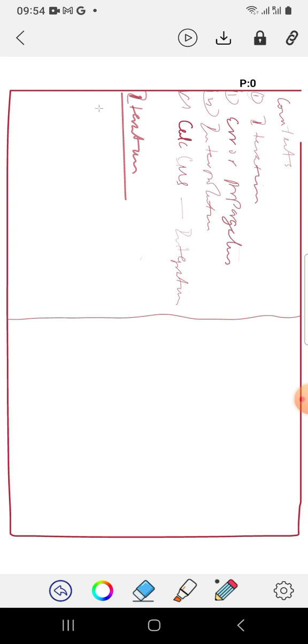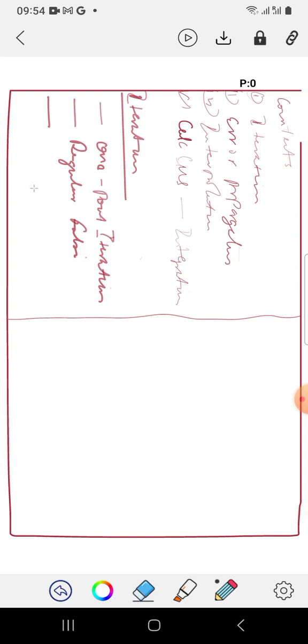Under the iteration, we have four topics. We have the one point iteration, the regular falsi, and the Newton Raphson method.